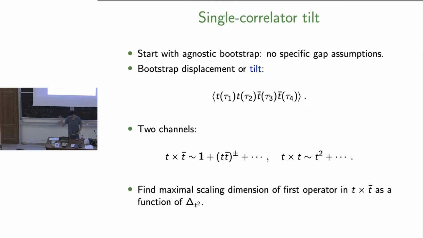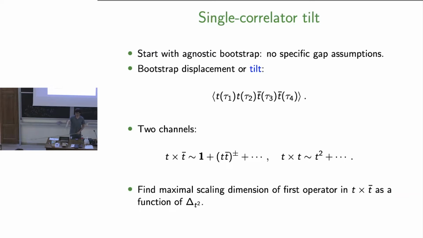Indeed, your comment is very important, because this is an SO2 1D correlator, because the tilt transforms in the SO2 of the flavor group. We can write a similar equation for the displacement operator, but the displacement operator transforms in another SO2, the SO2 of the transverse rotation. But of course, the bootstrap cannot distinguish between those two.